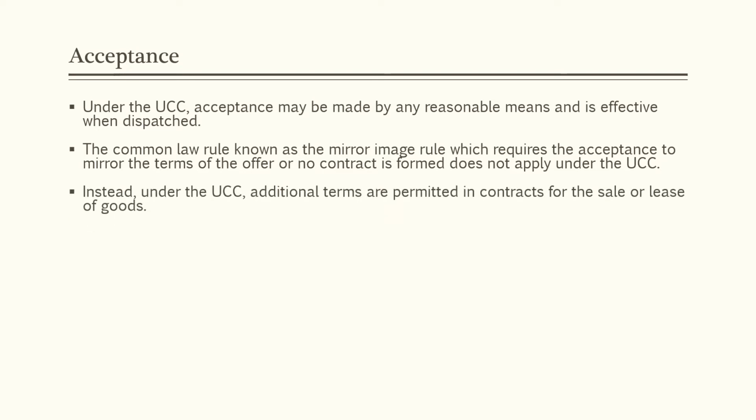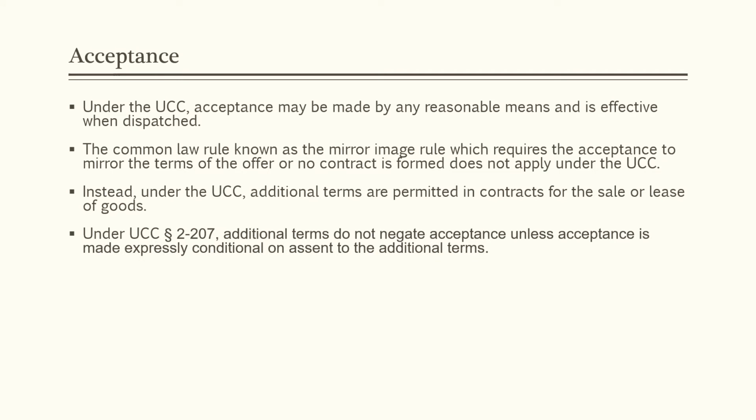Instead, under the UCC, additional terms are permitted in contracts for the sale or lease of goods. Under UCC Section 2-207, additional terms do not negate acceptance unless acceptance is made expressly conditional on assent to the additional terms. The additional terms are treated as proposals for addition to the contract.